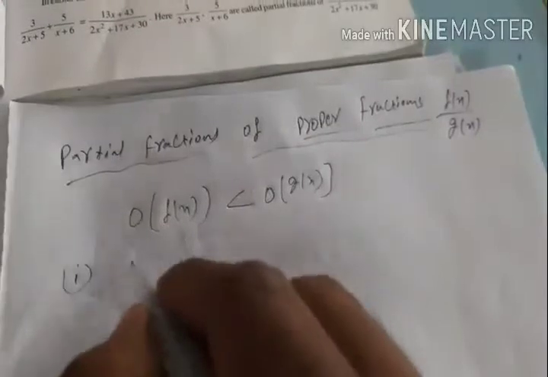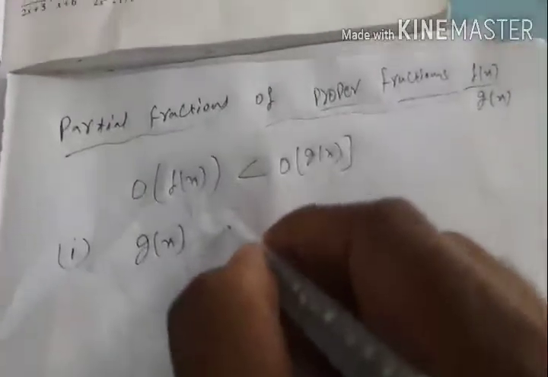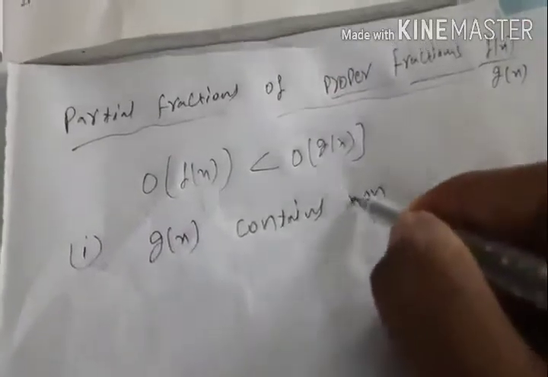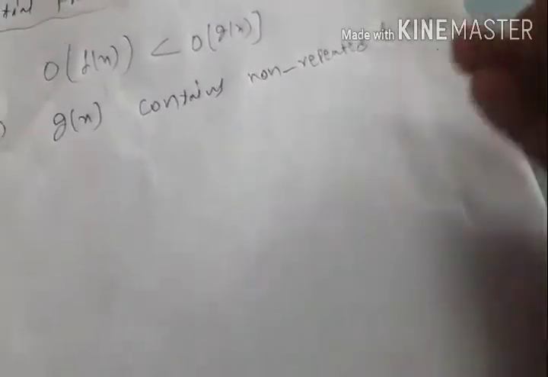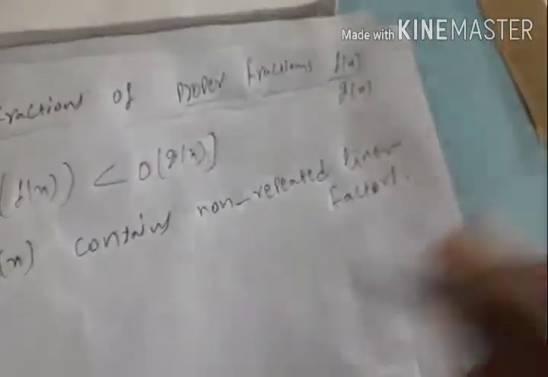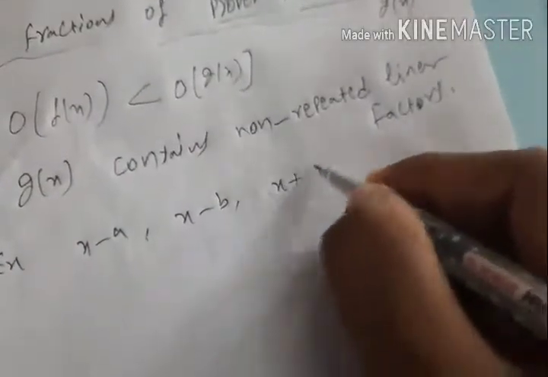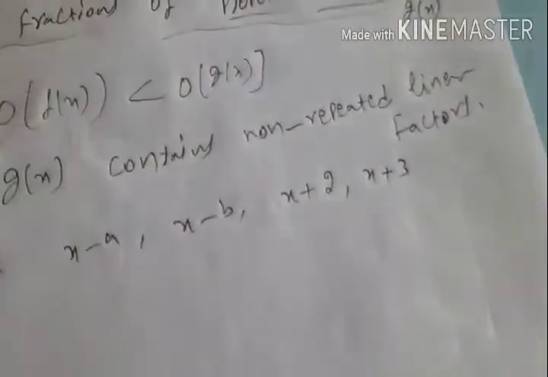In this first case, g of x contains non-repeated linear factors. Linear factors mean, for example, x minus a, x minus b, x plus 2 and x plus 3, which are called non-repeated linear factors.